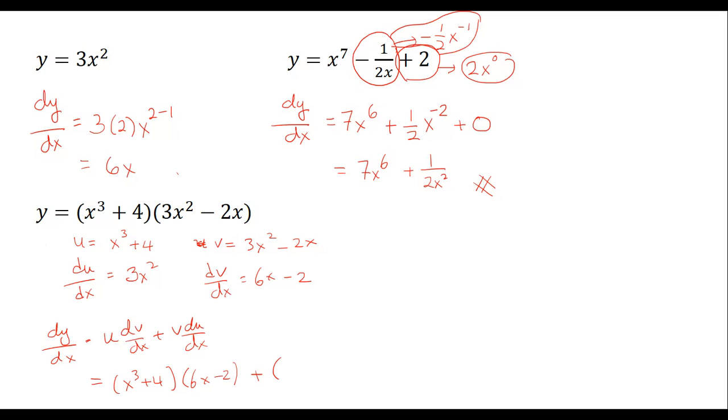Sorry, that one earlier is dv/dx, and then my v is 3x square minus 2x, and my du/dx is just 3x square. Once you have this, then you can simplify and make sure that you have a more beautiful way to represent this.